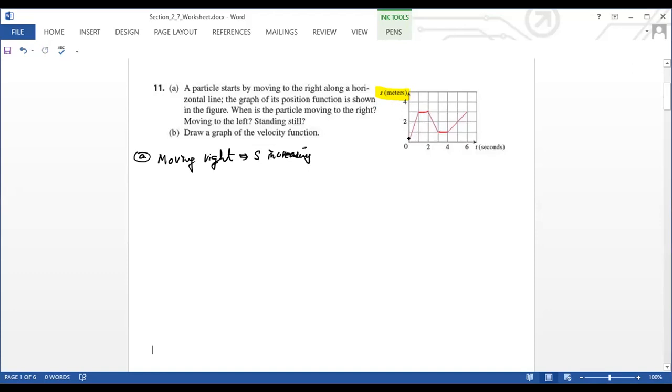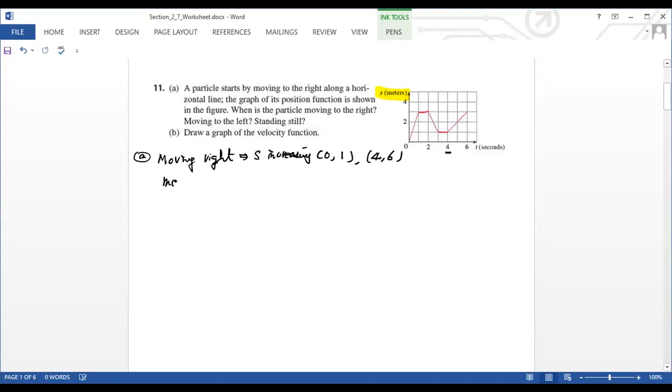You start from the 0 starting point and move to the mark of 3 meters. So moving to the right happens from 0 to 1. Also from 4 to 6: at 4 seconds you are at the position of meter 1, then you move to 3, so it's also increasing. So the particle is moving to the right at 4 to 6.